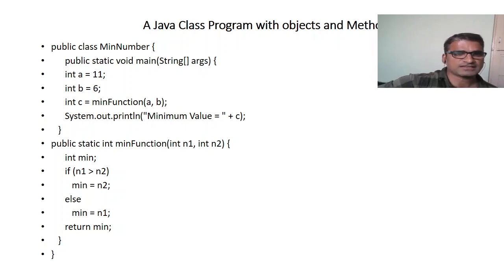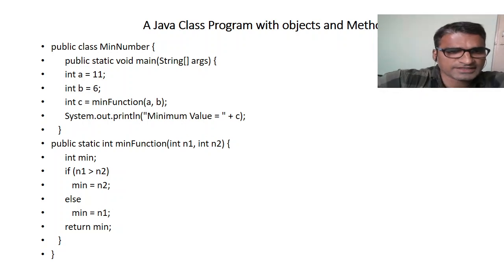Once I define a class name, the next thing is to define the main function, which is a very important function for all Java programs. If we don't include the main function, then the compiler is not going to execute even a single statement. So the main function is very important for Java programs. After defining the main function, we are going to create objects.